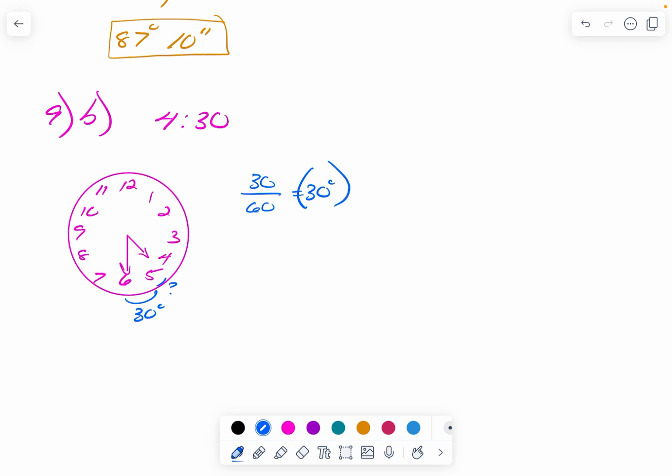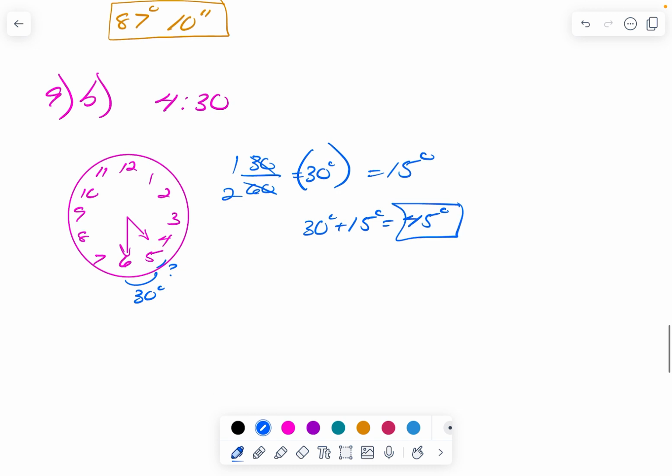Remember, this is how many minutes have passed out of 60 total times 30. So this is 1/2, or 15 degrees. So 30 degrees plus 15 degrees will be 45 degrees, and that's what that is. What we really found here was this question mark, but because it was half, 15 was also the other part.